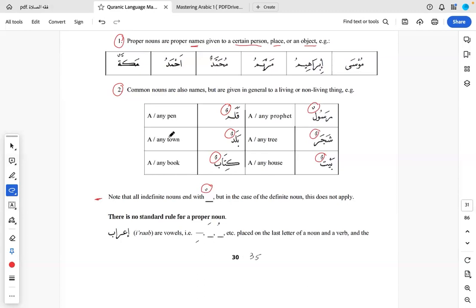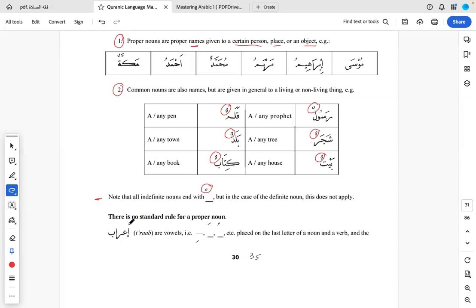This doesn't mean that this happens with all rules. Some of the rules do not have exceptions, and in that case I will tell you all the time this is a golden rule. If I use this term golden rule, this means that this rule does not have an exception.